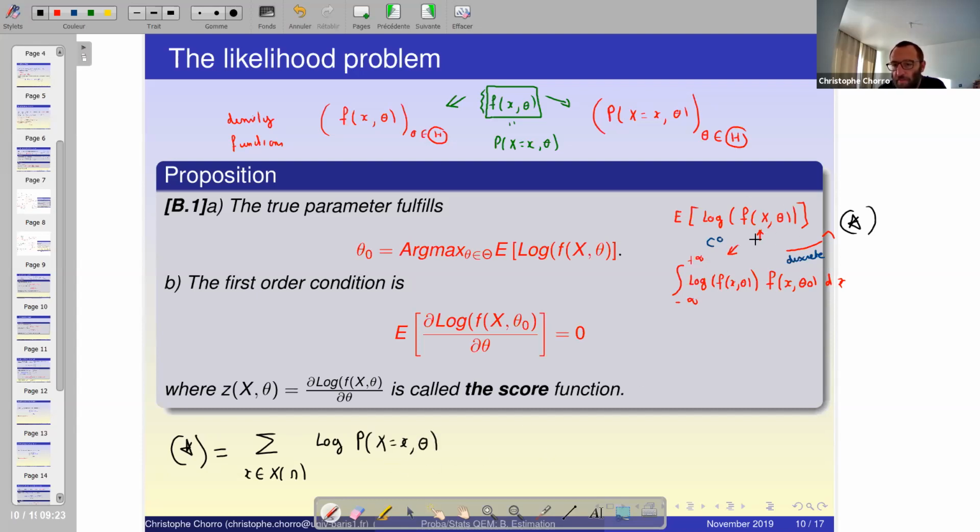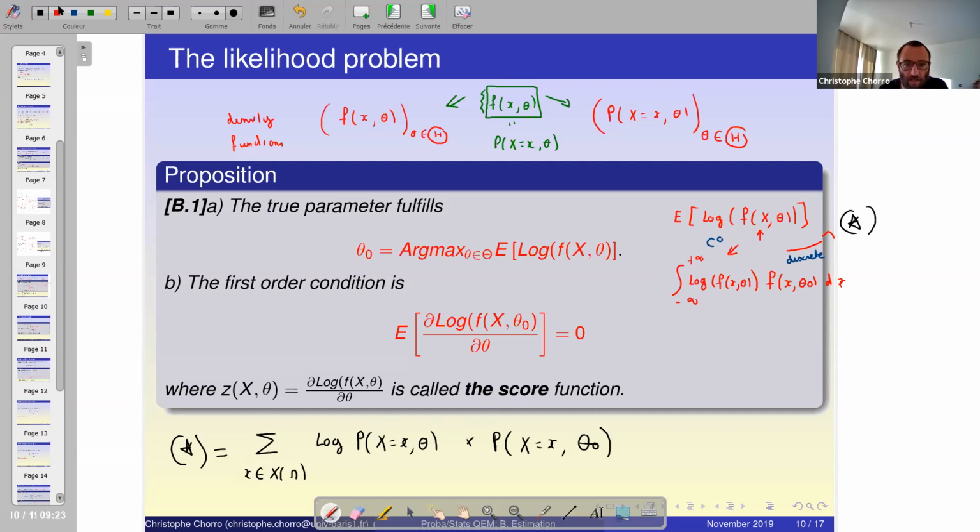And I have to multiply by the probability mass function of capital X, and the probability mass function of capital X is what happens at theta_0. So in the continuous case I have this integral, which becomes a sum as usual in the discrete case.